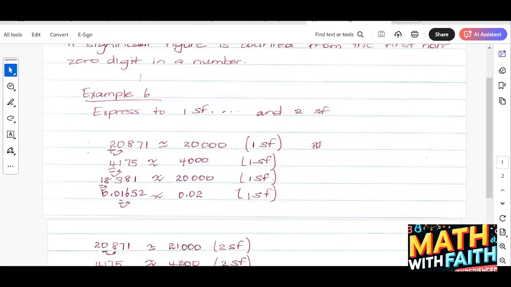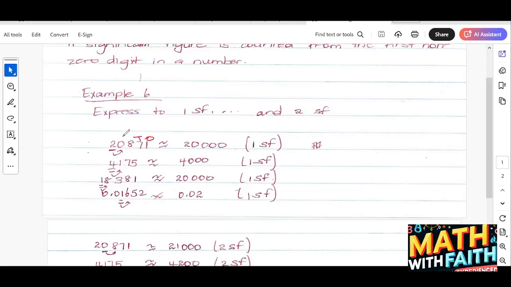So the first significant figure is 2. And of course, when we are rounding off, we look at the digit that's after. It's a 0. Once it's 5 or more than 5, we add 1. But once it's less than 5, it remains the same. 0, of course, is less than 5. So the 2 remains the same. So this number, and in order for this to remain in the ones, tens, hundreds, thousands, remember?